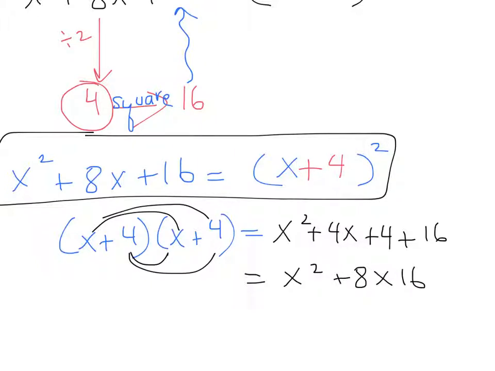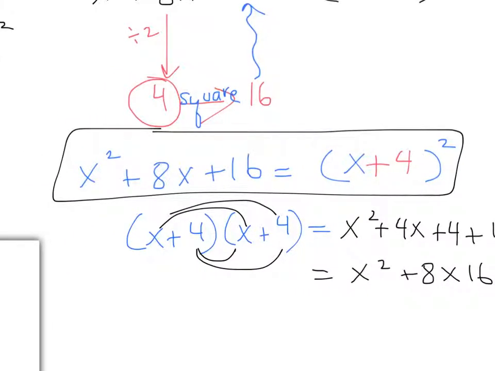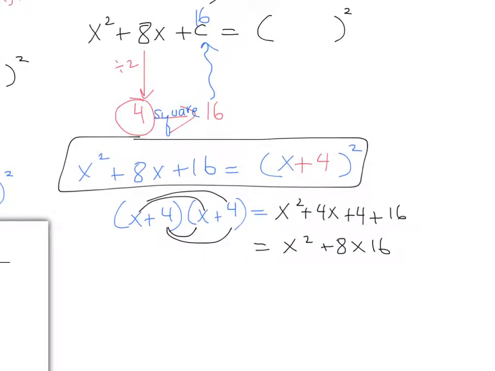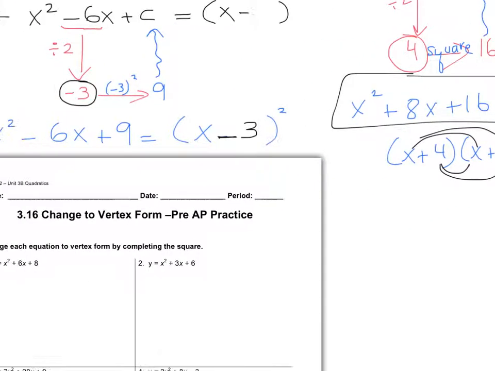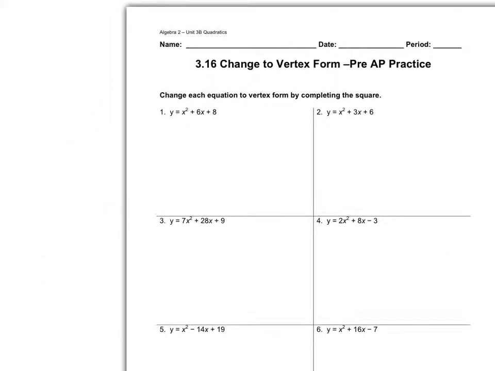So as you can see, I got that answer. So this will give me a perfect square. So that's the whole idea of completing the square, is to try to rewrite your expression or your equation into a perfect square. Okay? So now let's see how we can apply this by doing number 1 and number 5 on our practice sheet.